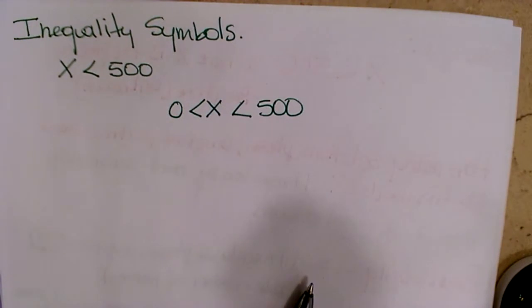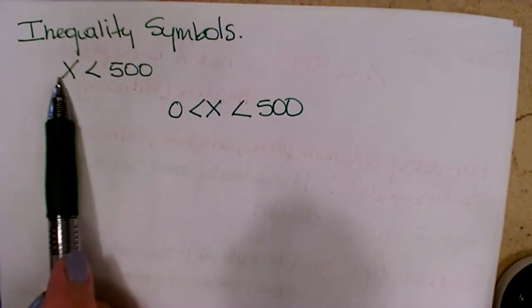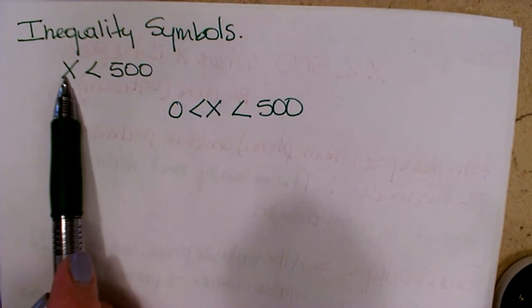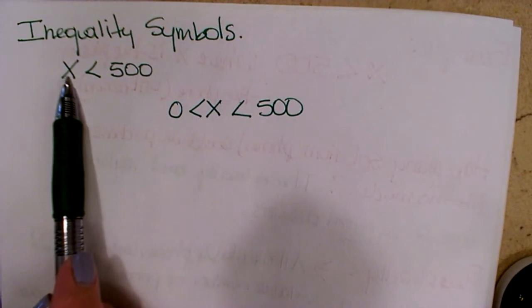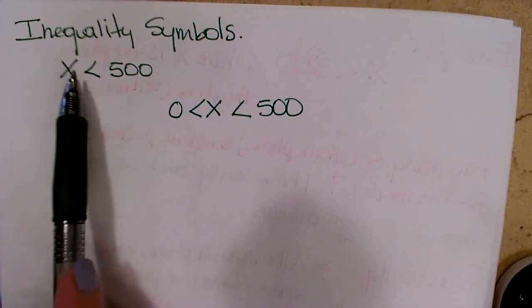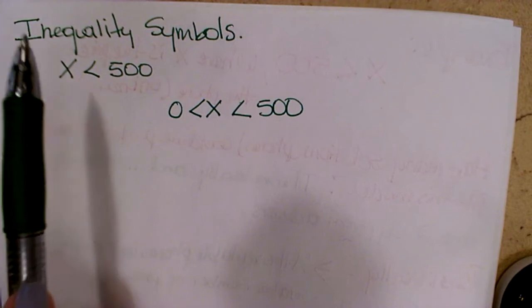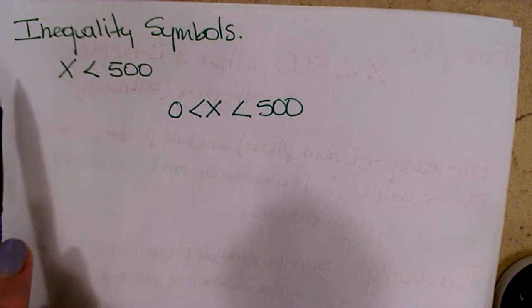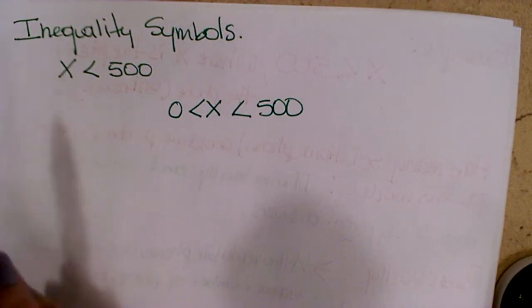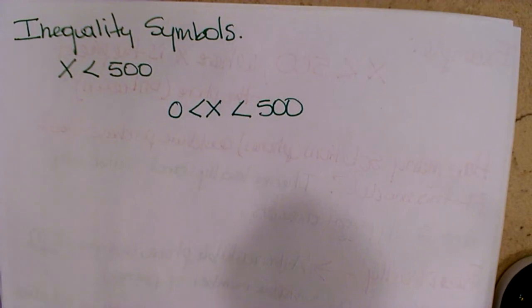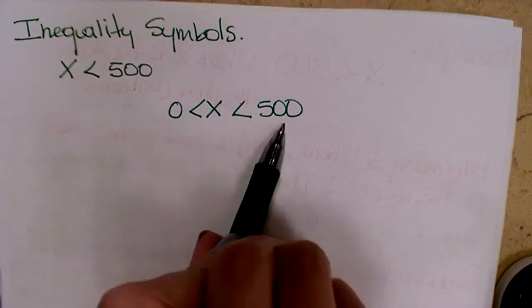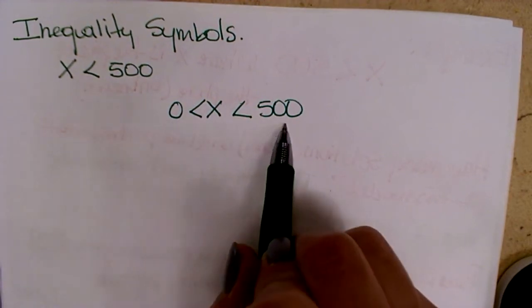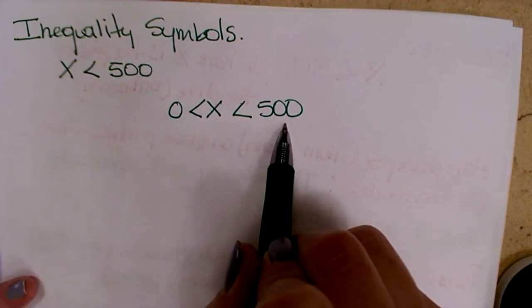Again, negative 10 can go here, but it's not going to make any sense because the cell phone company is not going to give us a phone plus $10. So we need to write an inequality that takes that into account, something that makes sense to us. And this is an example of what we call a compound inequality.